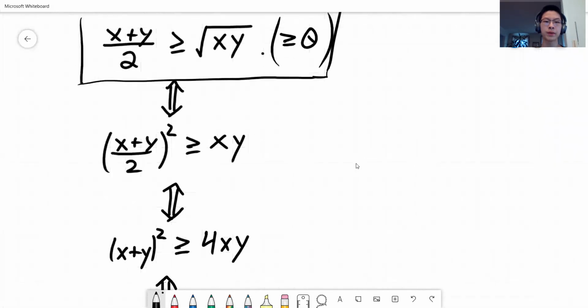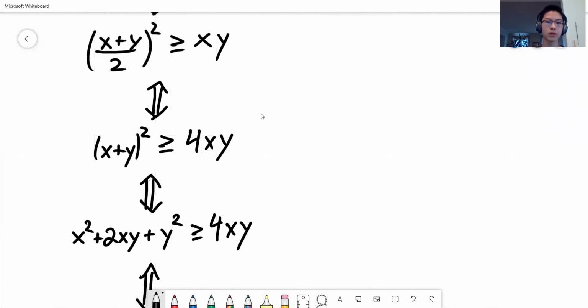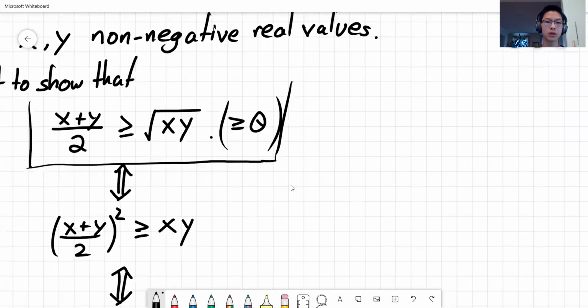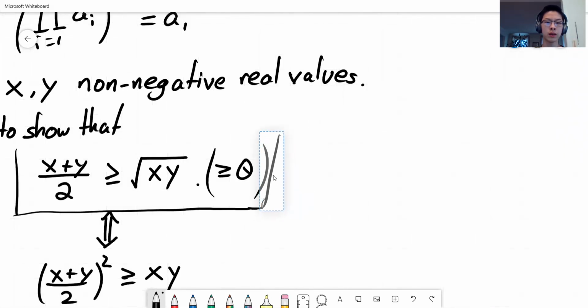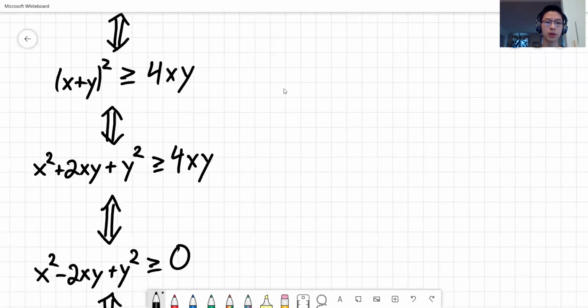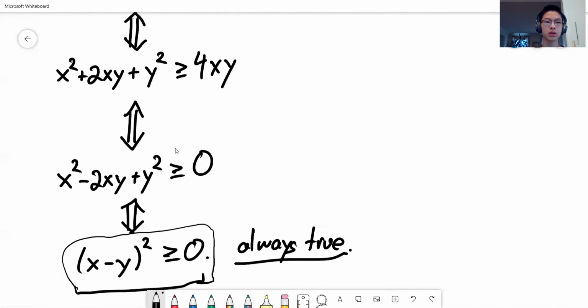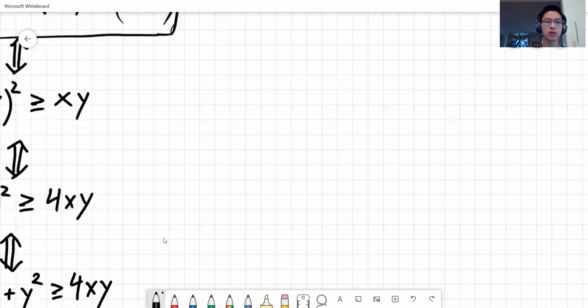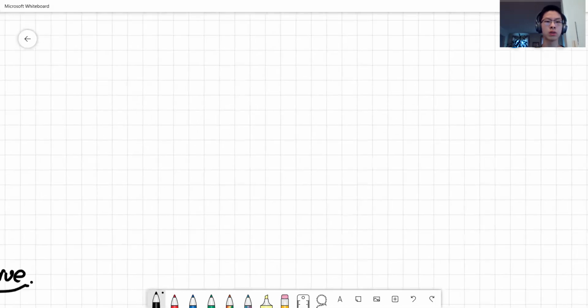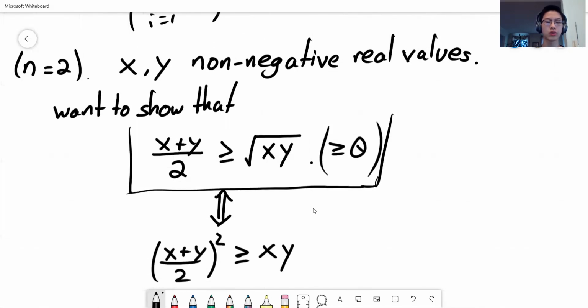And if you're not comfortable with starting from the conclusion and then coming across something completely true, you can start with this observation first, and then go backwards to get to the conclusion that you want, which is the case when n equals 2.